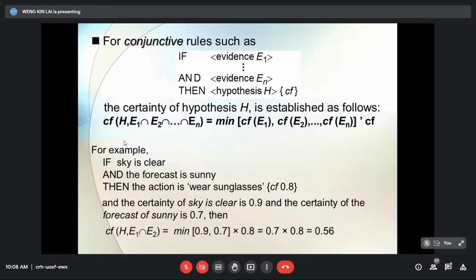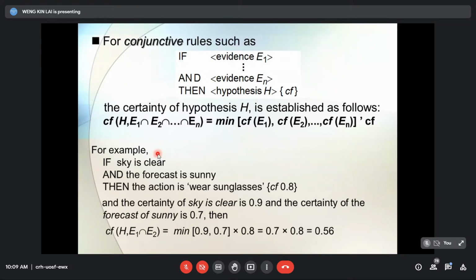This is written as: minimum of certainty factor E1, certainty factor E2, and so on, comparing all of them until En. Then you multiply it against the certainty factor of your hypothesis, CF, as shown here.